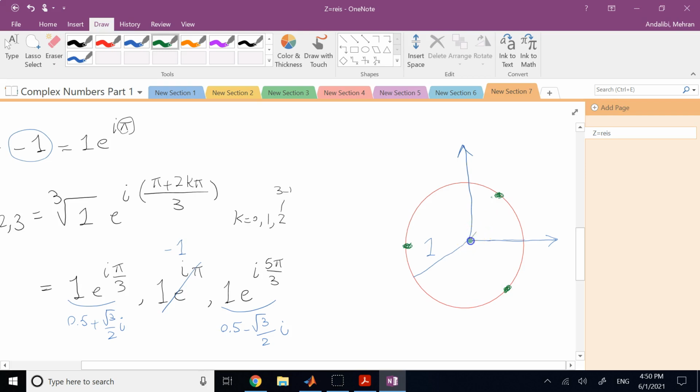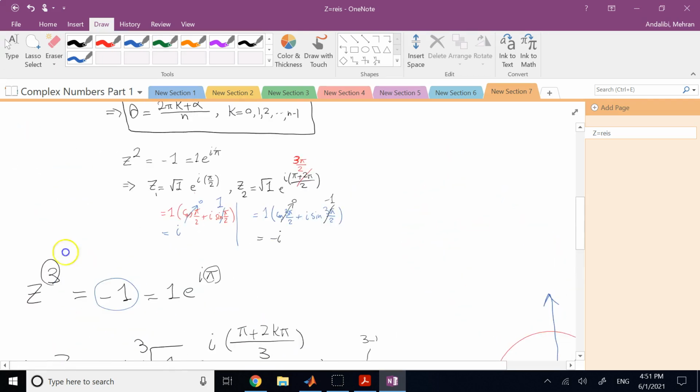Again, this one was 60 degrees, this is 120, and this is 120 to here, of course. From here to here, this guy is 120 as well. So this is also 60. So the three roots are on that circle, and if you look at them, this is 0.5 plus square root 3 over 2 i. This is 0.5 minus square root 3 over 2 i, and this is negative 1. Okay, so these are the nth roots of a complex number.